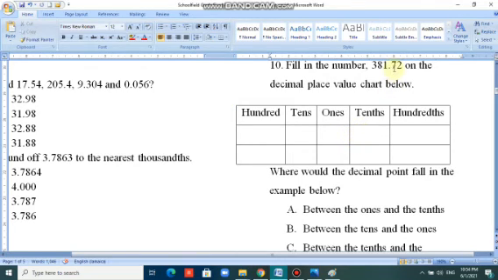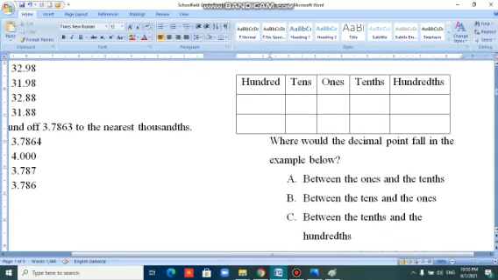And the 7 tenths will be here because it's after the decimal point. And the 200ths will be here. So it's 300, 8 tens, ones, 7 tenths, and 200ths. All right?